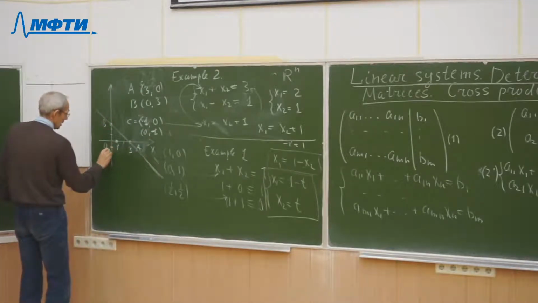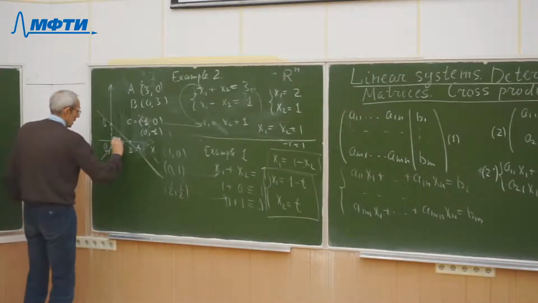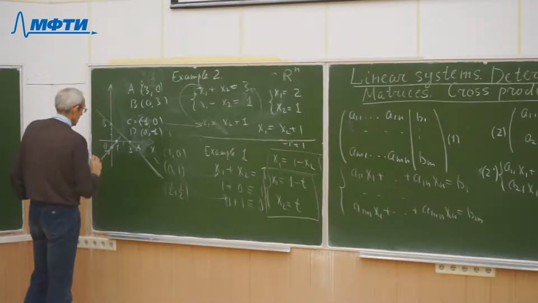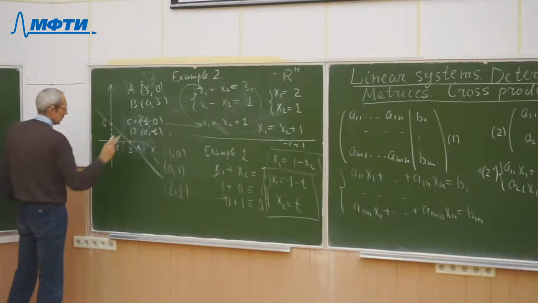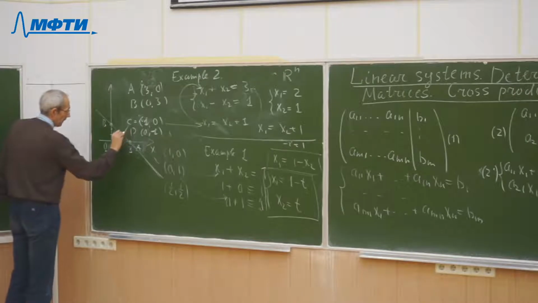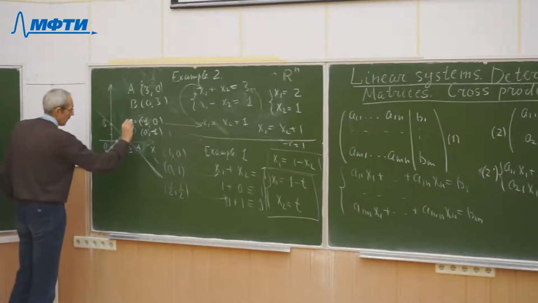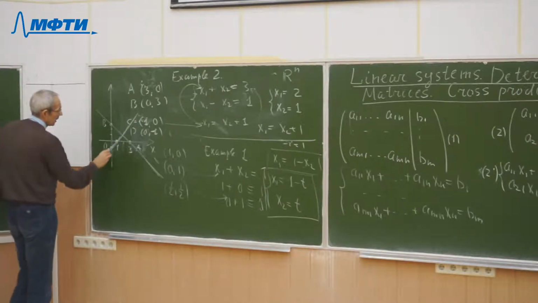This point. Maybe x1 is 0 and x2 is minus 1.